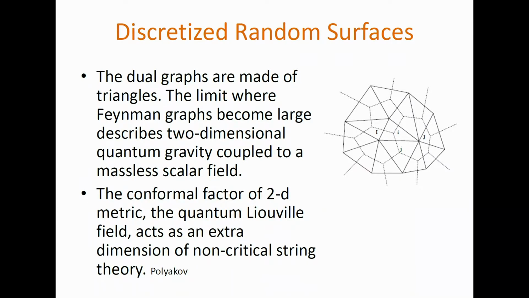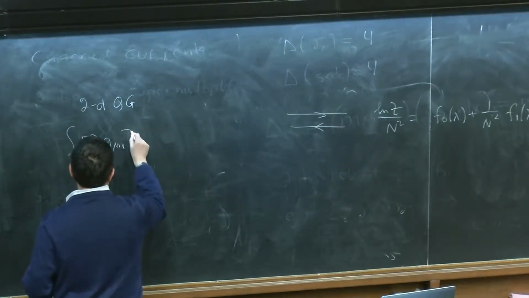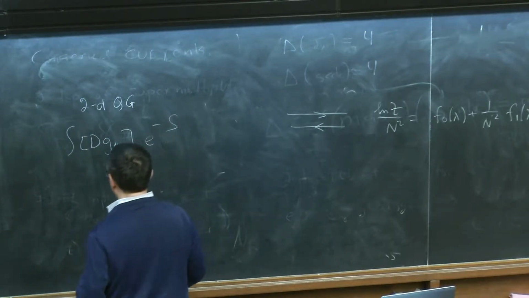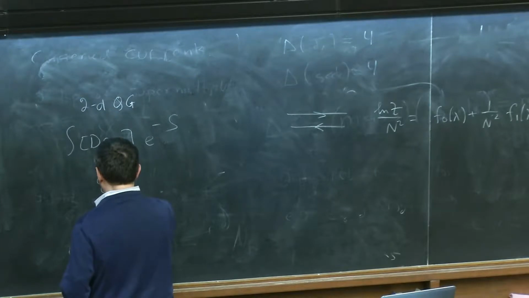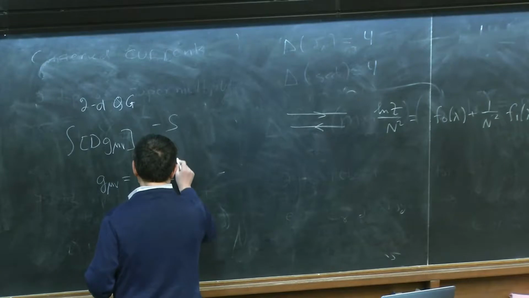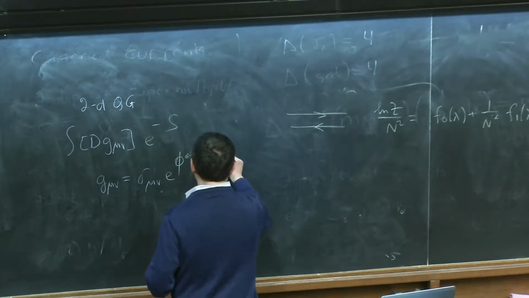So the idea is that the summation over graphs gives you a kind of path integral for 2D quantum gravity, where you have the integral over the two-dimensional metric, e to the minus S. And then when you adopt the conformal gauge, that g mu nu is equal to delta mu nu e to the phi, this is what people often call the Liouville field.